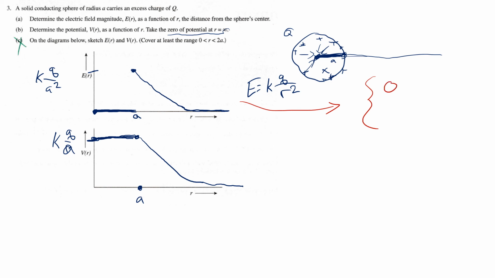You've got 0 for R less than or equal to A. And when it's bigger, you're going to have KQ over R squared for R greater than A. Now you're not going to have an equal sign there, so you're going to have a discontinuity right there, because you can't have it on the surface of the charge.